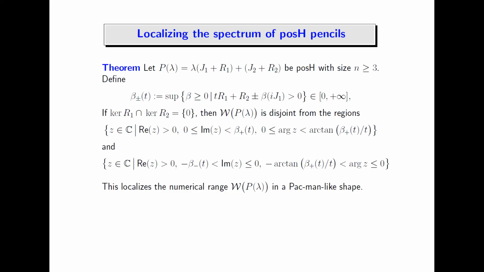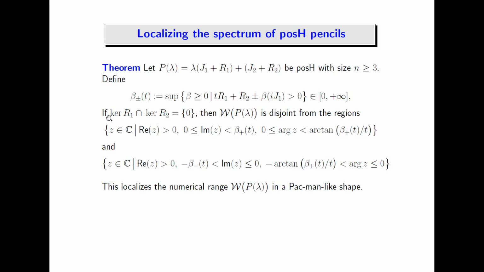Okay, and one result, so this is now a little bit technical, how we can localize the spectrum is the following. If you take a linear combination of these matrices R1, R2, and then also beta times one of the matrices here, here we chose J1, and you look at the supremum such that this is still a positive definite matrix.